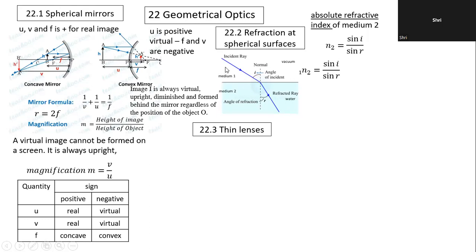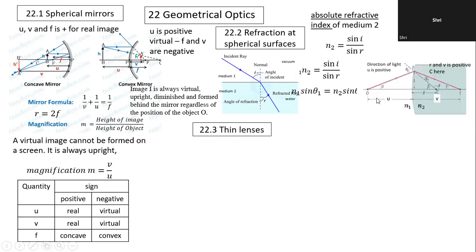Another way of writing is from 1 to 2, sine I over sine R. And refractive index N1 times that angle, theta 1 or I, equals N2 times theta 2. That's theta 2. This is for your spherical surface. N2 is greater than N1. That's the formula to use. Right? That's your U, that's your V.